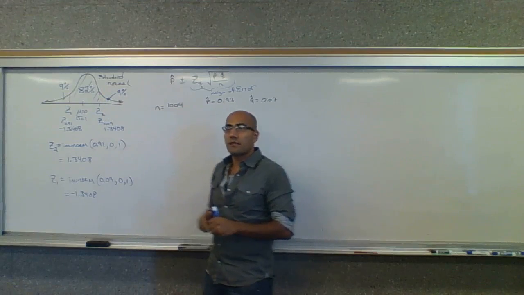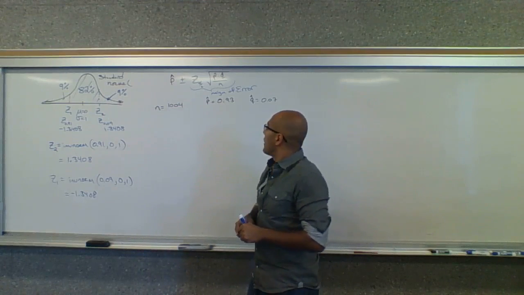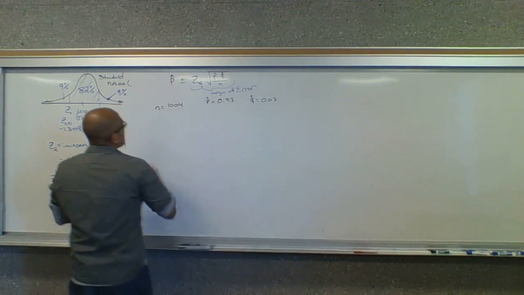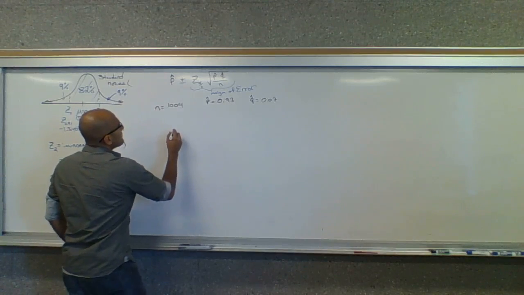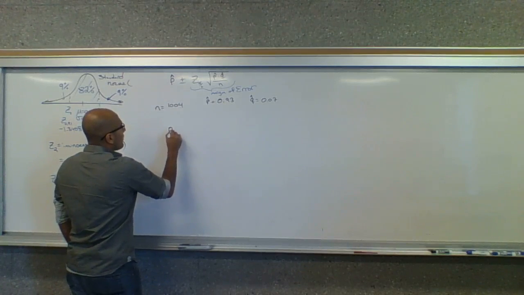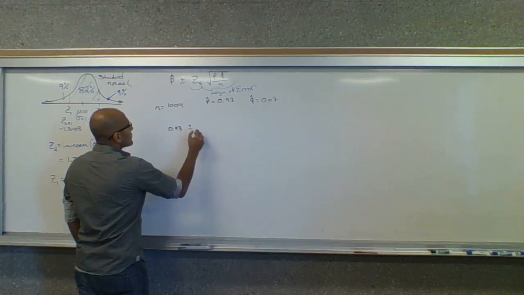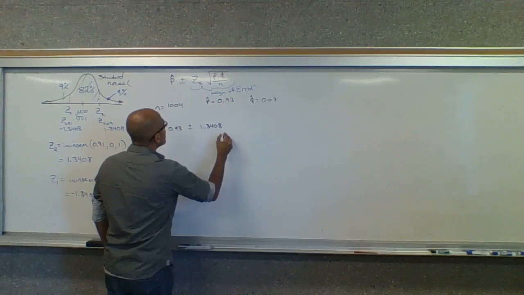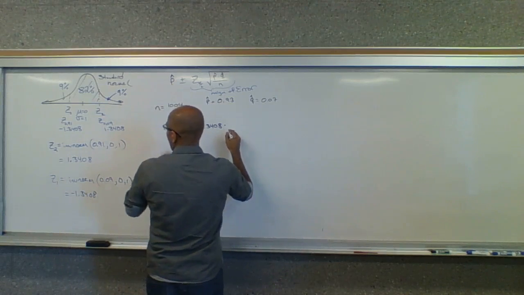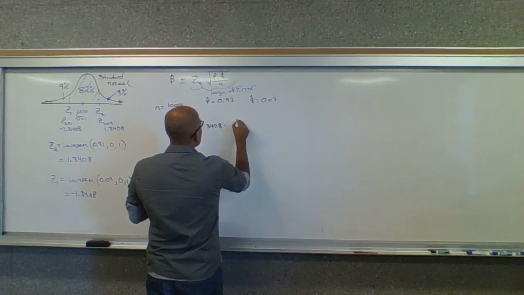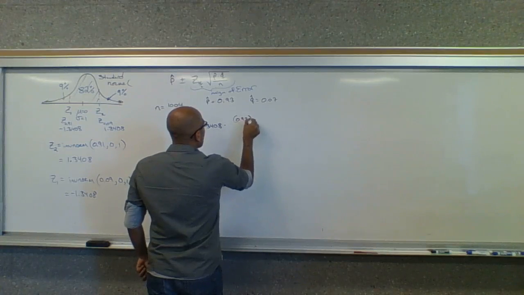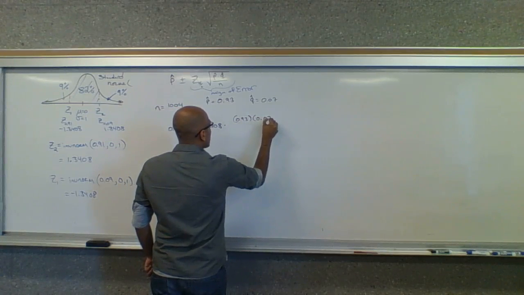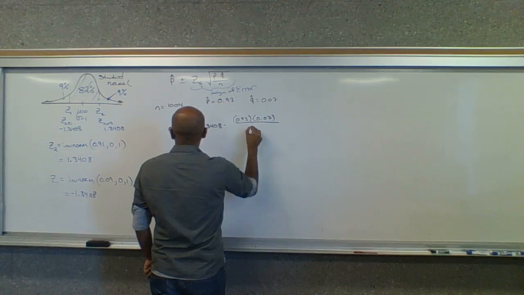And then this. So let's just plug in our values. We know that this is going to be equal to 0.93 plus or minus 1.3408 times the square root of p hat, which is 0.93, times q, which is 0.07, divided by 1004. Take the square root of that whole thing.